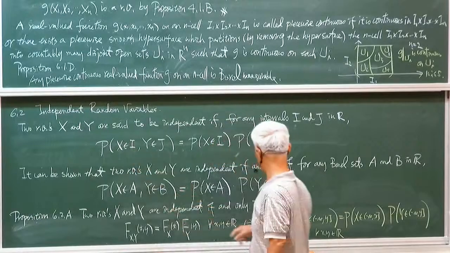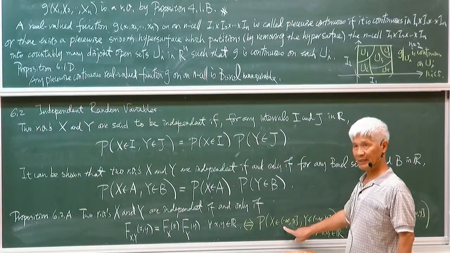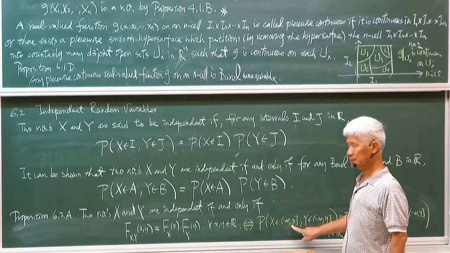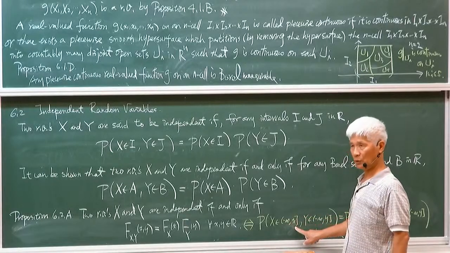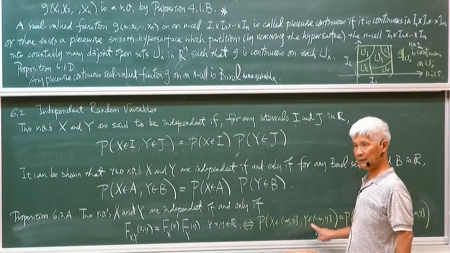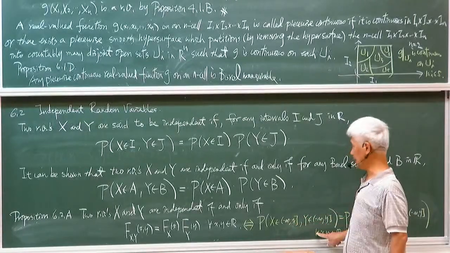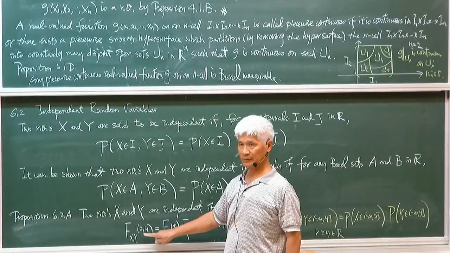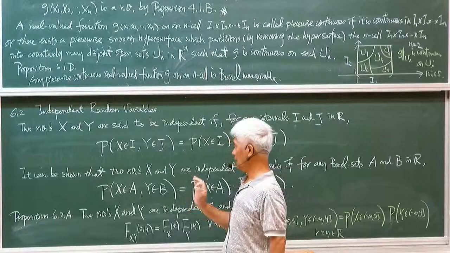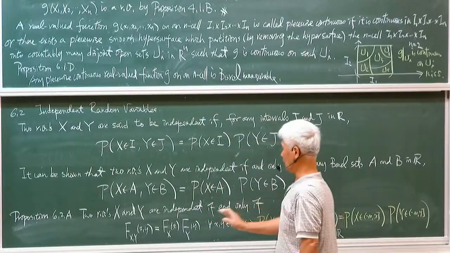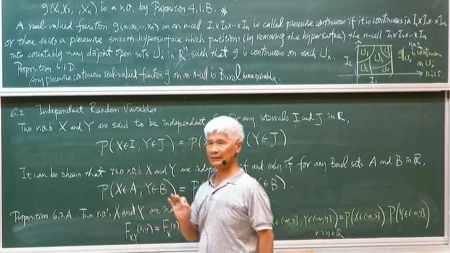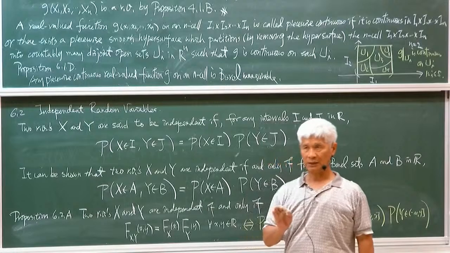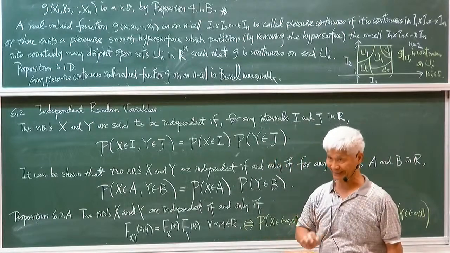Well, when I is this type, the semi-infinite interval with the right closed end. You can see here. And this probability is exactly the joint CDF. So it's much easier to identify whether two random variables are independent.